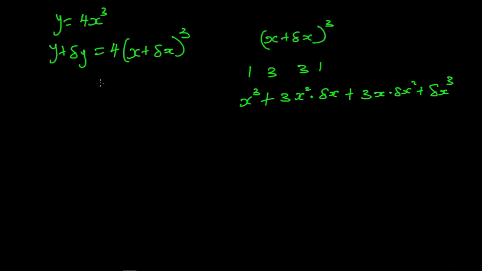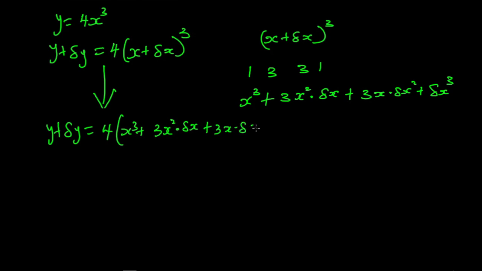In that case, we can simply replace x plus delta x raised to the power of 3 with all of this. That means we have y plus delta y equal to 4 times x cube plus 3x squared delta x plus 3x delta x squared plus delta x cube.